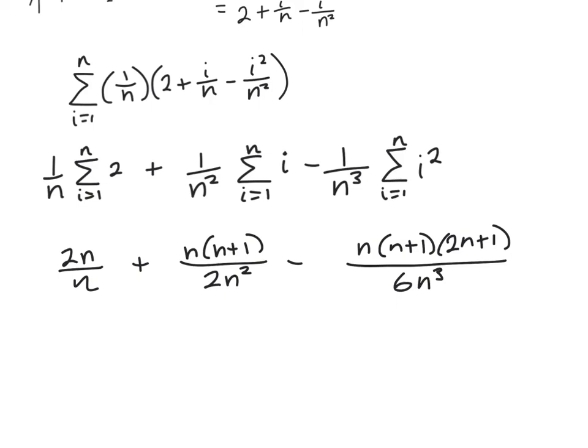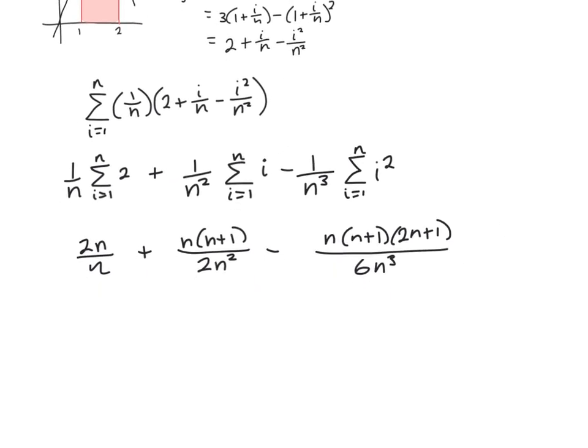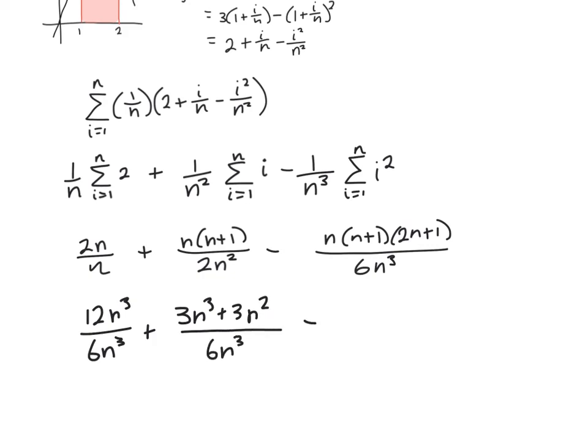So at this point, you're going to have to go through and make a common denominator so we can add them all up. So we could say 12n cubed over 6n cubed plus 3n cubed plus 3n squared over 6n cubed, and then minus, and I'm going to multiply out the numerator of this term, so it becomes 2n cubed plus 3n squared plus n over 6n cubed.